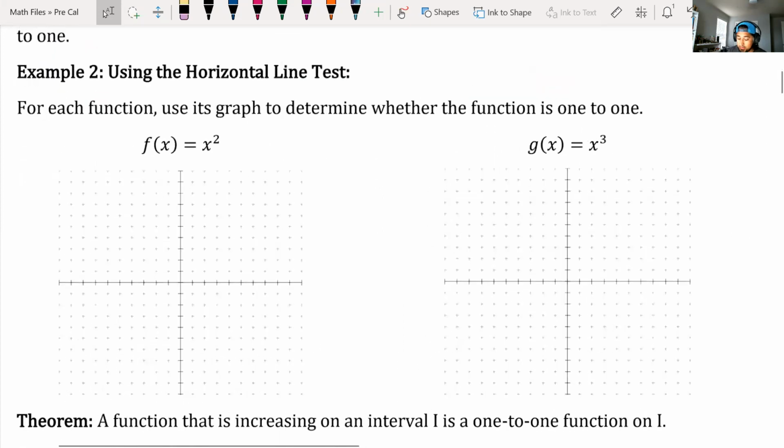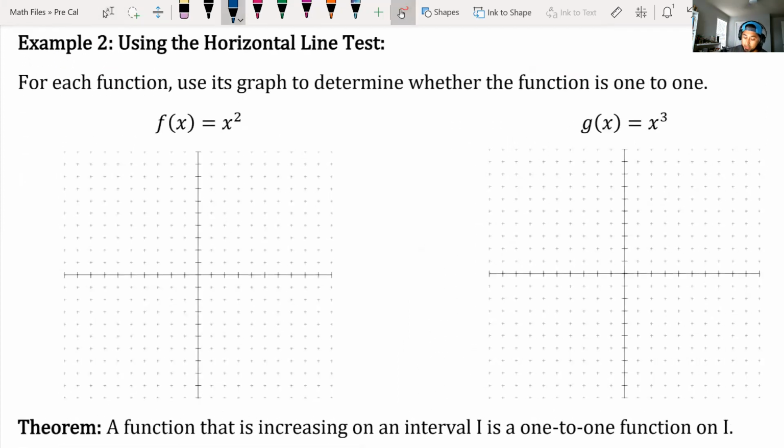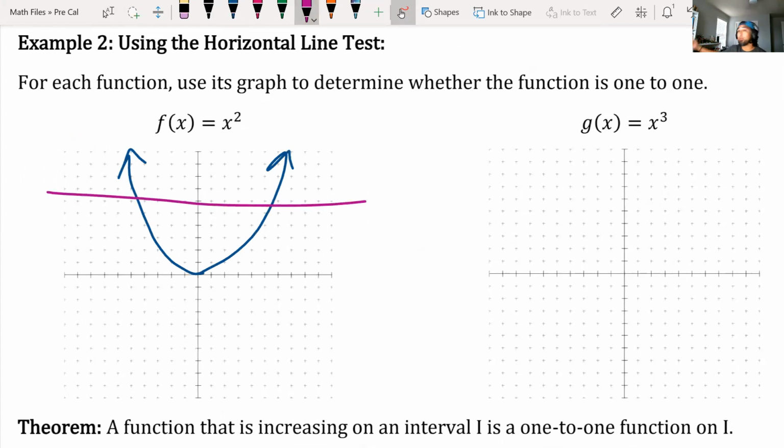So let's look at the graph of x squared. We know what x squared looks like. So x squared looks something like that. If I were to draw a horizontal line through it, how many times do I intersect it? Twice, which means x squared is not one-to-one.